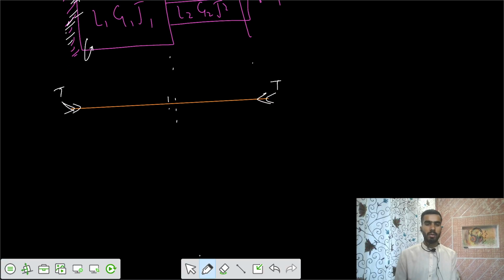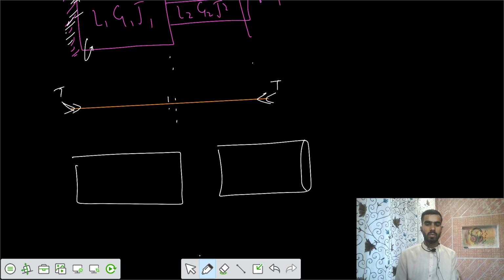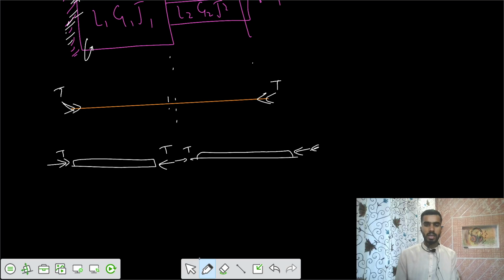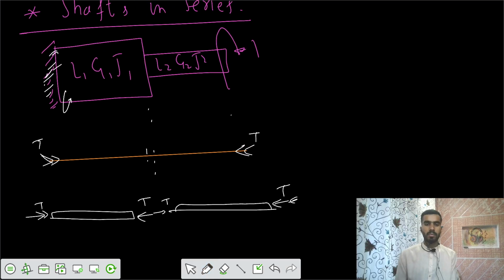Let's still make the free body diagrams. You're applying a torque of T here, there should be some balancing T, and similarly on this side there is also T. So this is the balancing of that free body diagram.